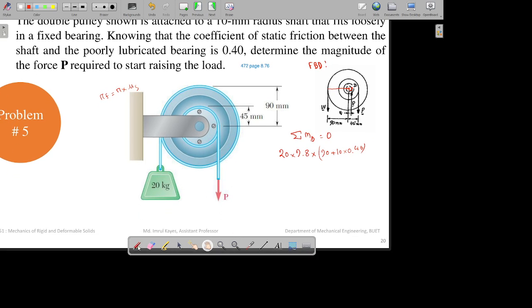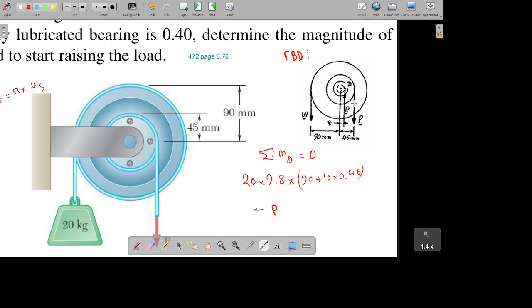then minus P into the perpendicular distance. This distance, you have to subtract the radius of friction Rf from the actual radius of the smaller pulley.